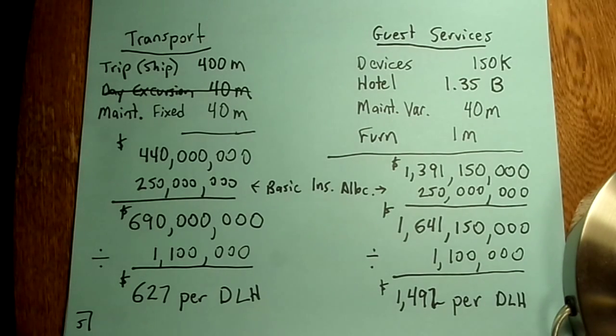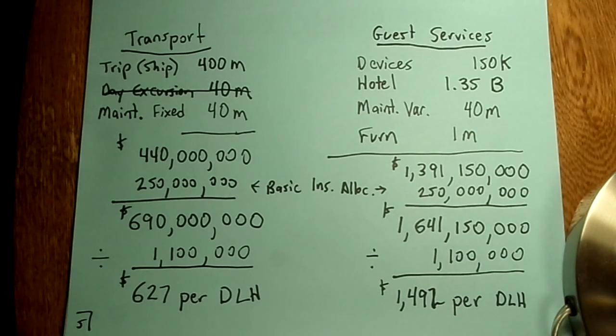But in this case, our direct labor number's better, and really each of them has to have direct labor handled as the activity base. So we wound up with transport dividing by the 1,100,000 and guest services divided by the 1,100,000.